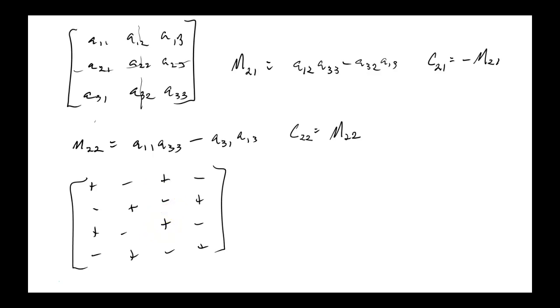Now, it doesn't say anything about diagonals, except the main diagonal is always plus. That's the only thing you can always say. But you don't go diagonally, because diagonally you have the same signs. You only go up and down, right and left, and then you always have the opposite sign next to you, and you go on and on. They just get bigger, but the sign pattern stays the same.